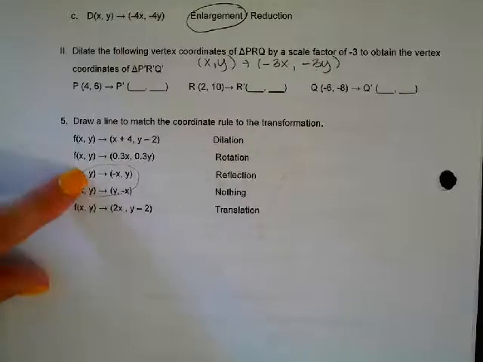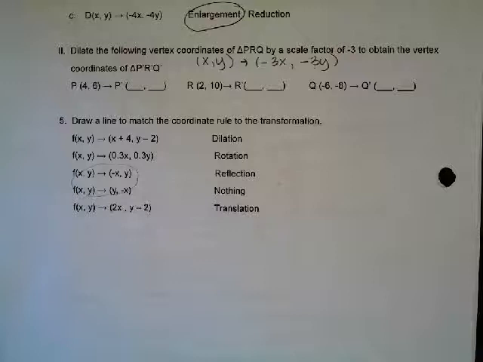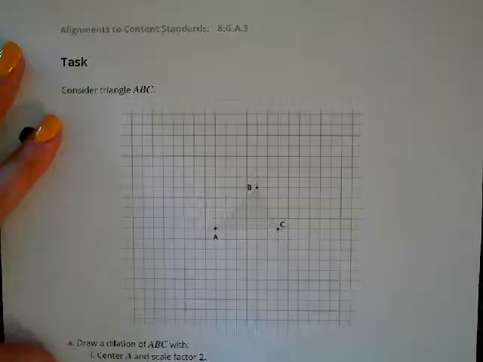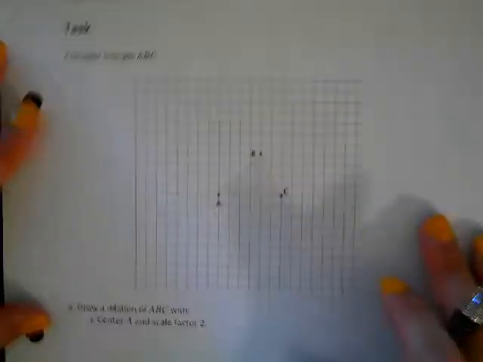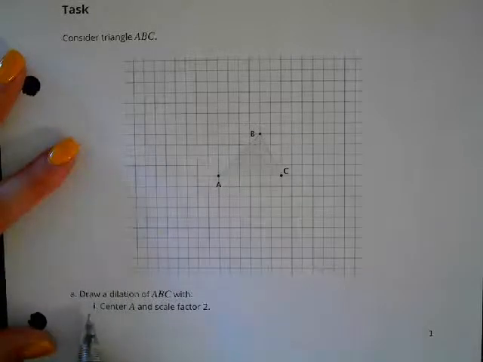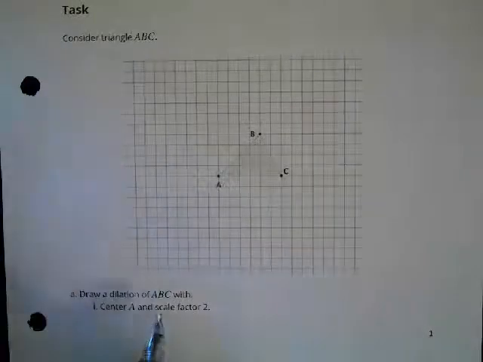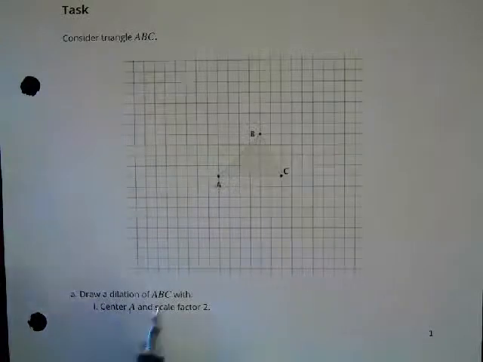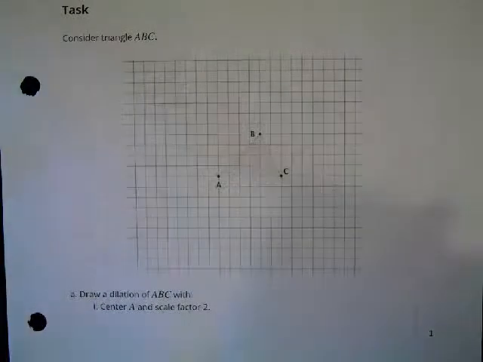I'm going to hand out the next page. All right, now with this one it says, first, draw a dilation on triangle ABC with a center of A and a scale factor of 2. And you go, okay, that's weird because it says A is the center and we've never had the center specified before, which is kind of why I told you guys before, center 0, 0.